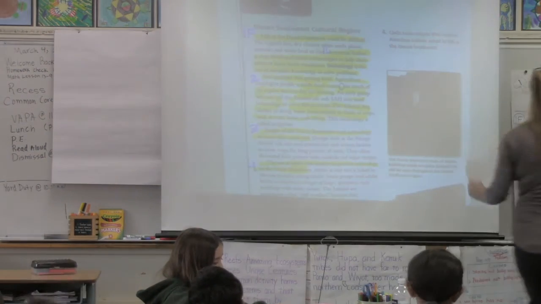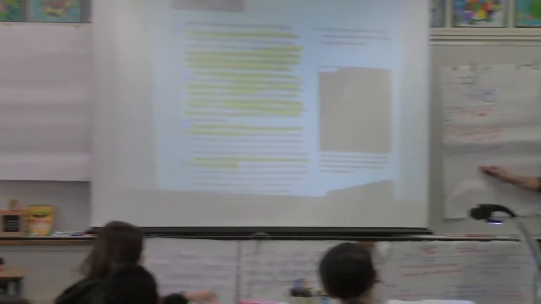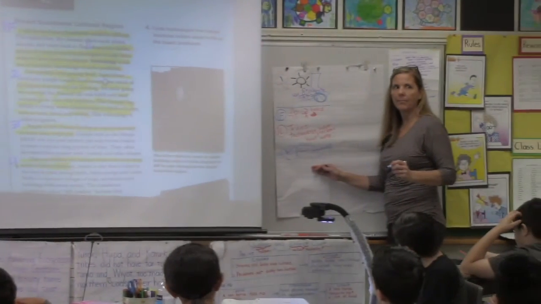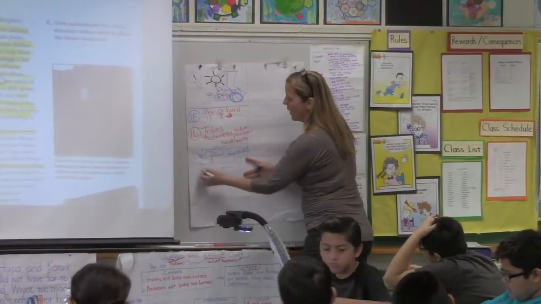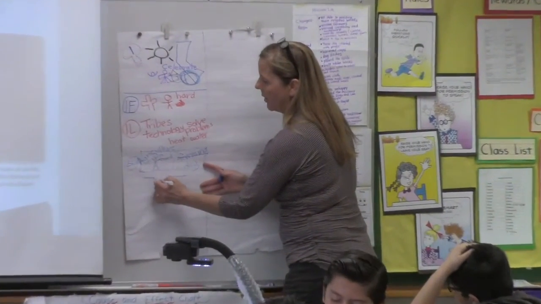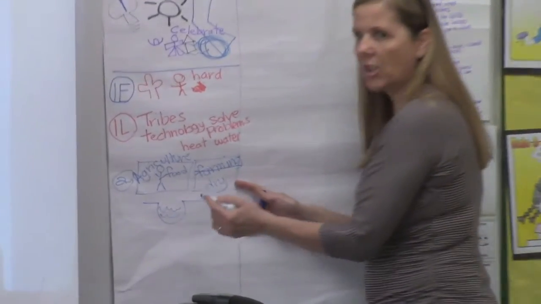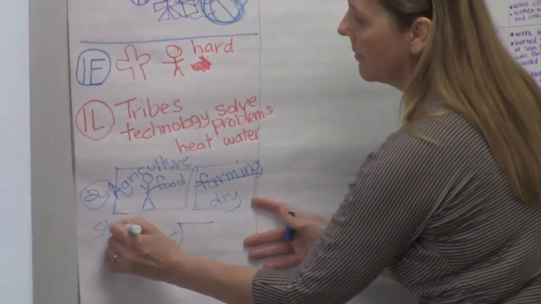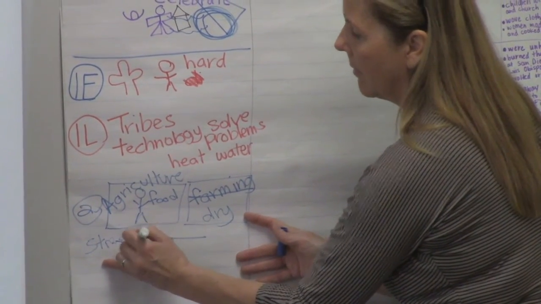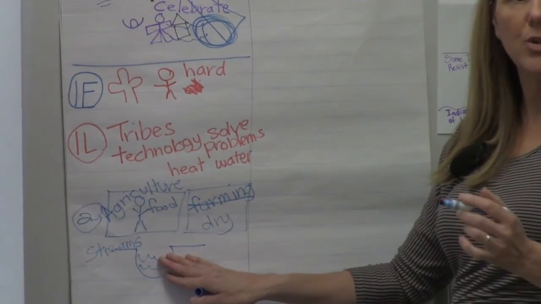So let's go to number 2. Let's add this. What did they do? How did they use technology? Making a ditch. Make the ditch. And what goes in the ditch? Water. And where's the water coming from? Streams. Put streams here. And then what did they use the water for?